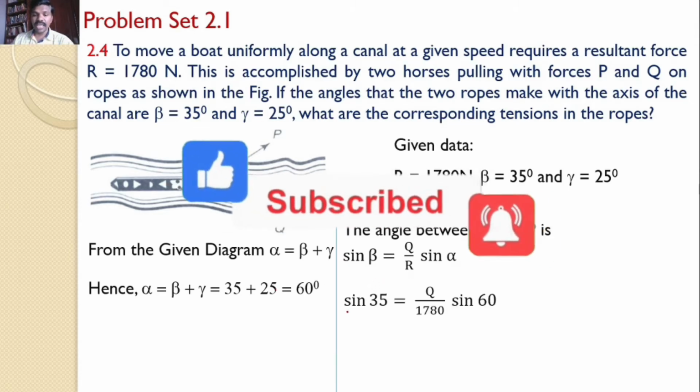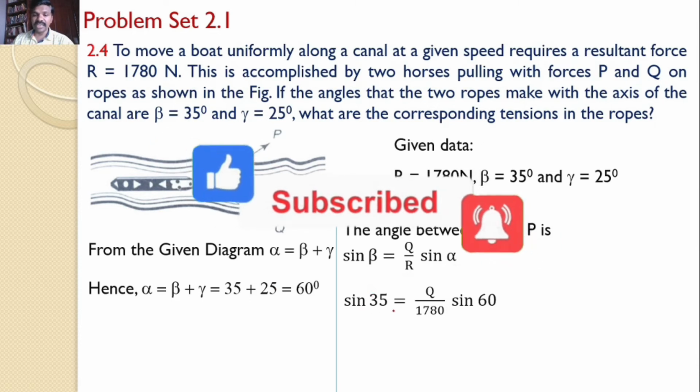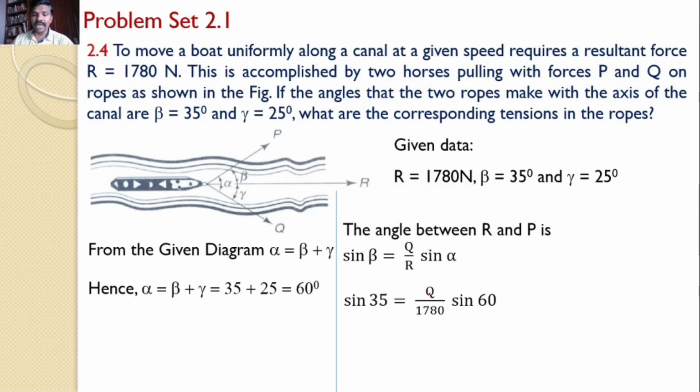After substituting, I will get an equation like this: sine 35 is equal to Q by 1780 into sine 60. You can rearrange this equation so that I can calculate the Q value. That Q is equal to sine 35 by sine 60 into 1780. By solving this, I will get Q equal to 1179 newtons.